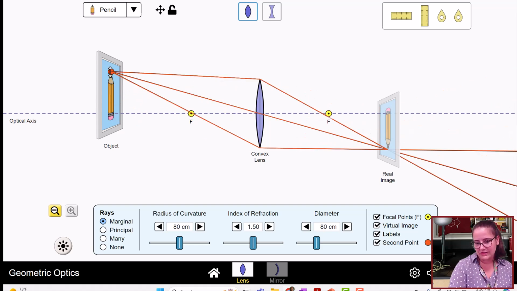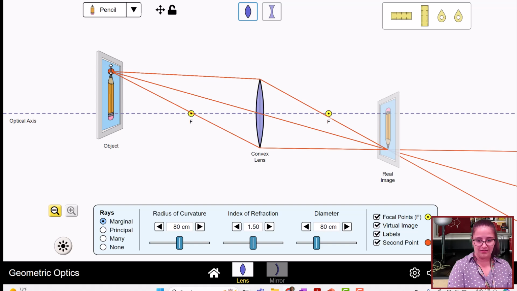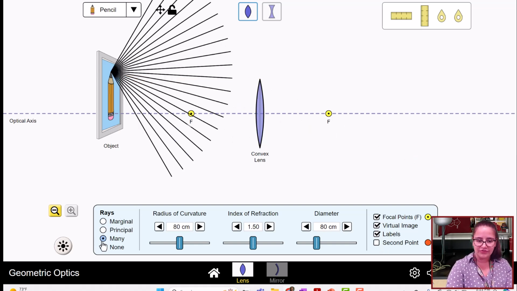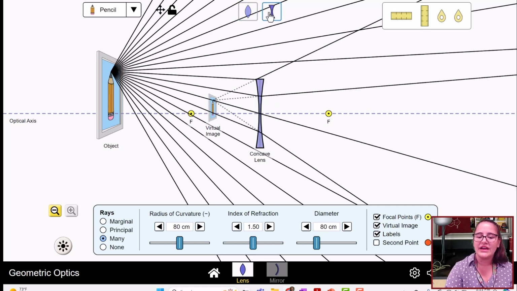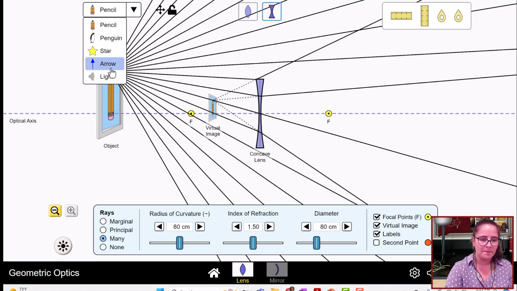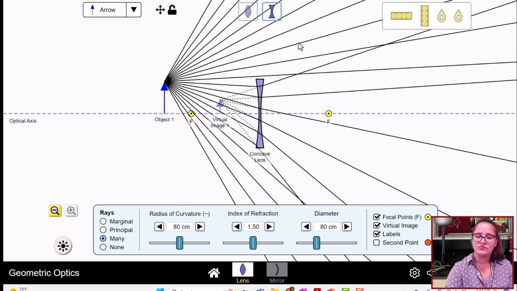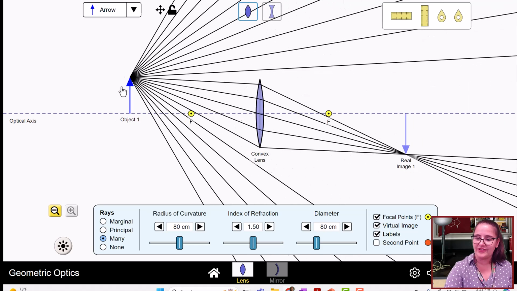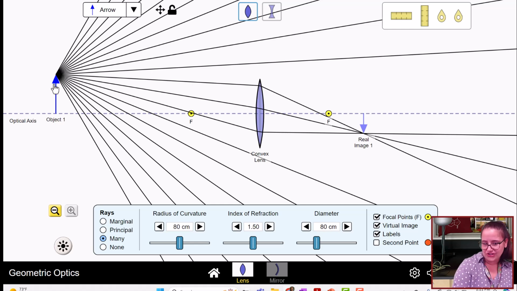Just because we draw it from the top to help us locate it, it's still happening everywhere along that image, okay? So we see that with converging rays, we can see with many rays how they form that image. And for diverging. Start to see some of these patterns. Let's go ahead and draw them ourselves.